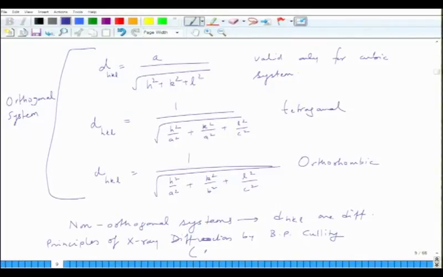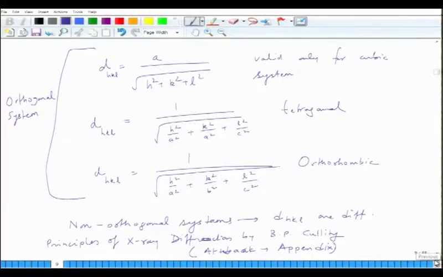At the back there is an appendix on these interplanar spacings as well as interplanar angles, okay. If you look at interplanar angles, they will also be different, they will not be the same, okay.